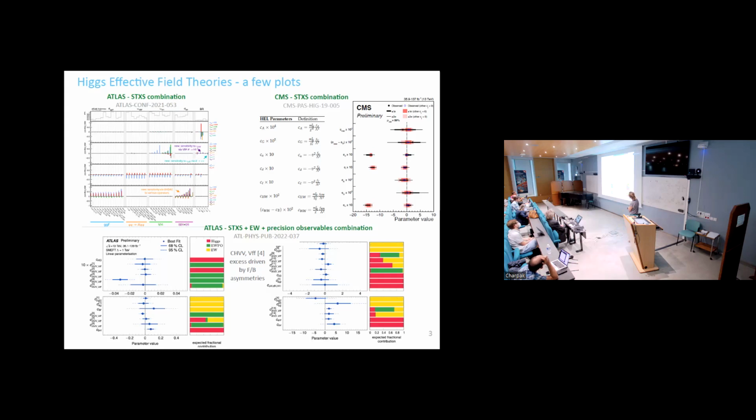Here again, it's compatible with the standard model, except for this parameter, which, as Alexander was saying, is driven by the known forward-backward asymmetries. And one can see as well that for most measurements, there is only one group of inputs which is driving the sensitivity, since you have only one component.